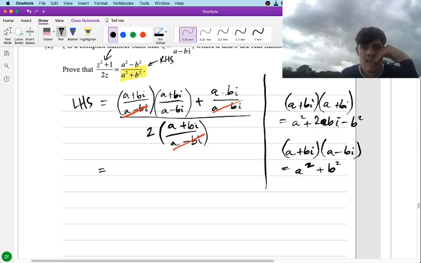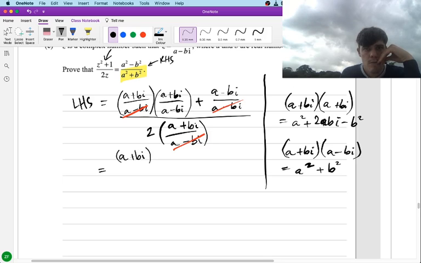So what I'm going to do is multiply the top by a minus bi and the bottom by a minus bi. So that's going to get me a plus bi in the first one.